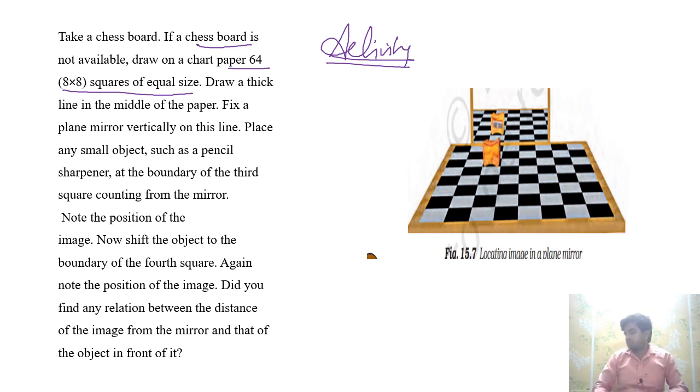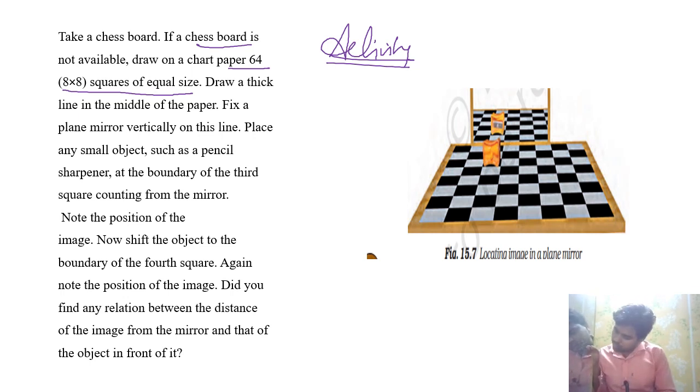Yes, students, we have already discussed that. Again, we will discuss. Let's take this mirror first. Let's suppose this is a pen, and this is at one position. I am keeping this pen at the bottom on the table.